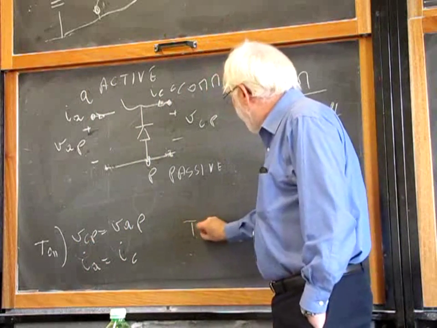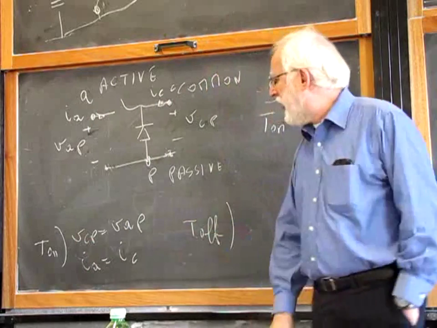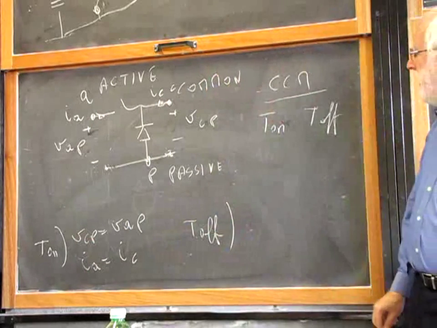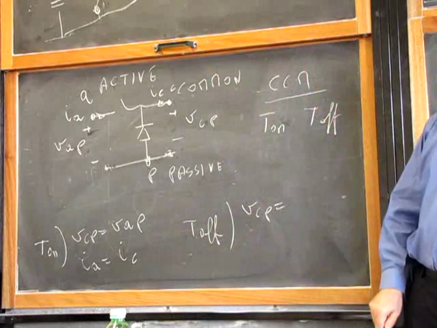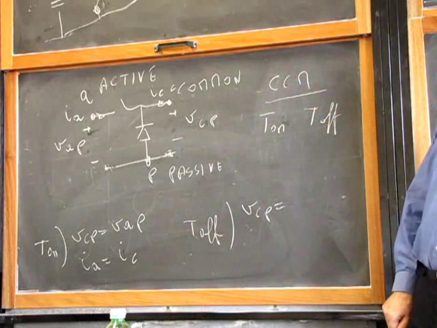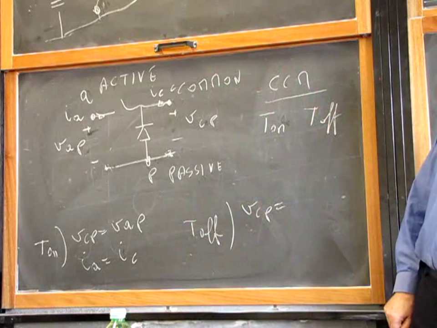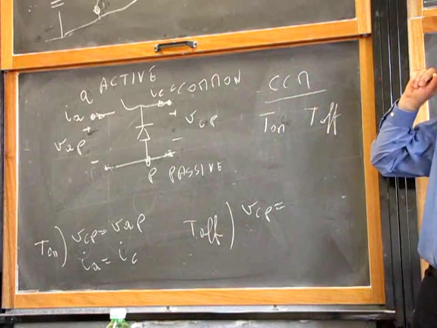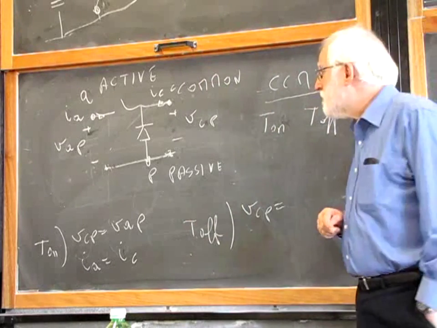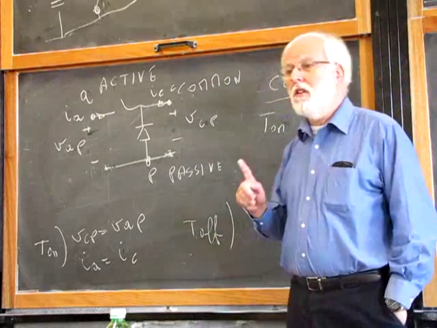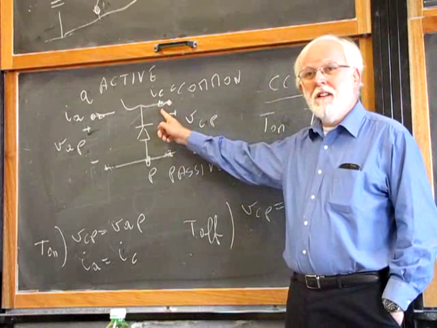And what about during T off? During T off, we have that VCP is equal to zero, because if you observe, an inductor can only be connected to the common.